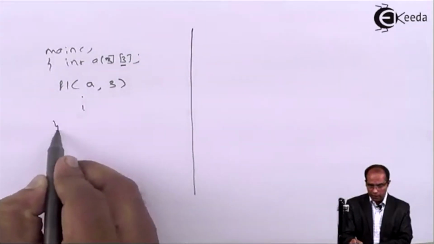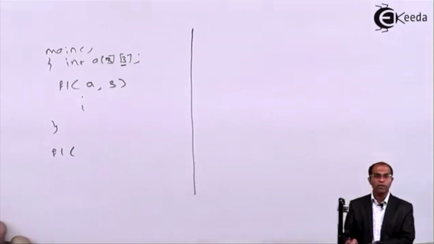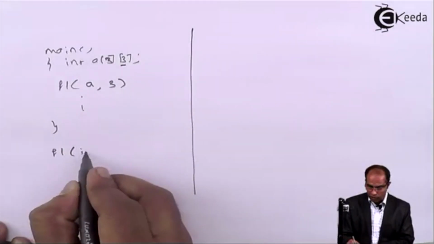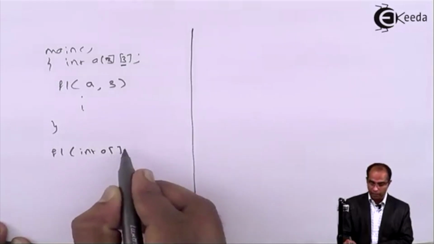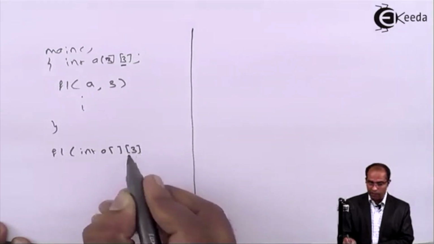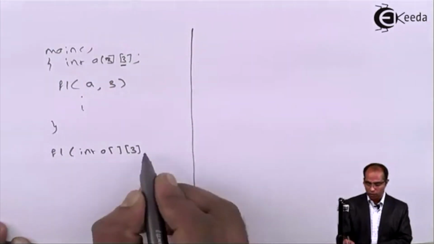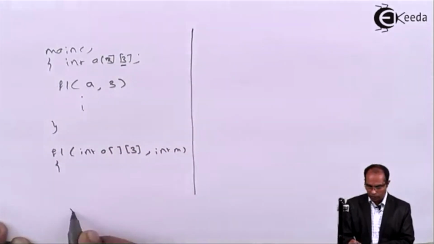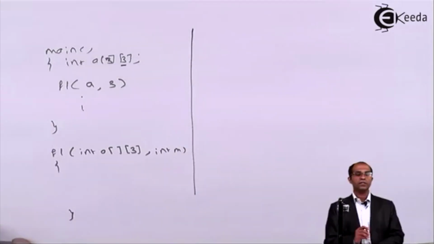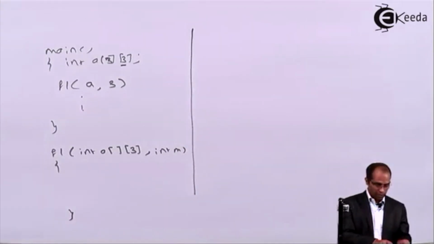At the other end I have to create a function f1 and declare this first as a 2-dimensional array with the first index empty and the second index 3, the number of columns, comma, the second argument as int m. And within this, if you want to access the array, it has to be accessed like a normal array.